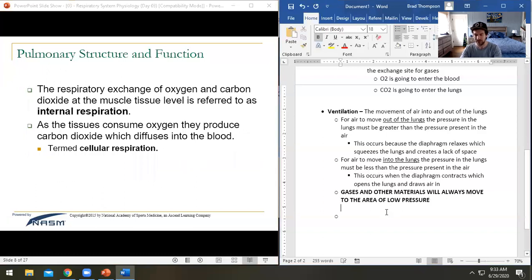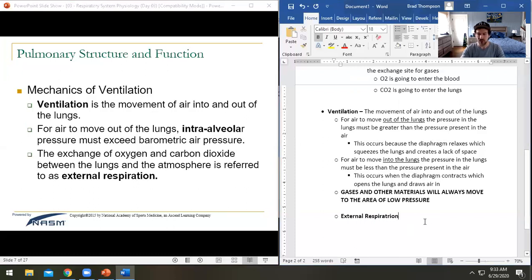So we kind of have to look at that here. So external respiration, right? We'll kind of go back here. External respiration is the exchange of oxygen and carbon dioxide between the lungs and the atmosphere.